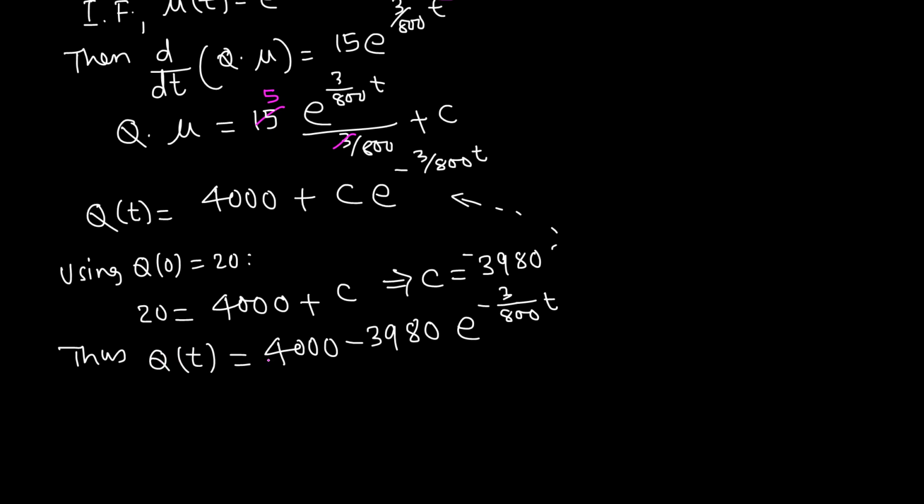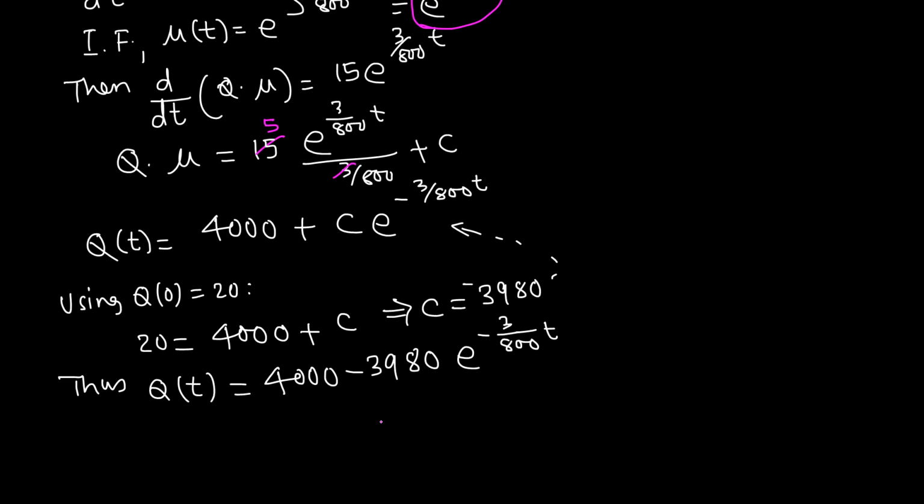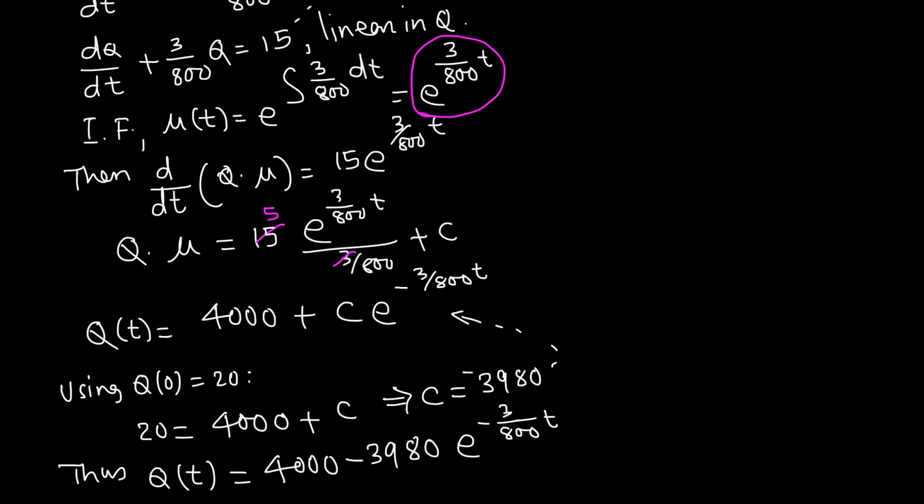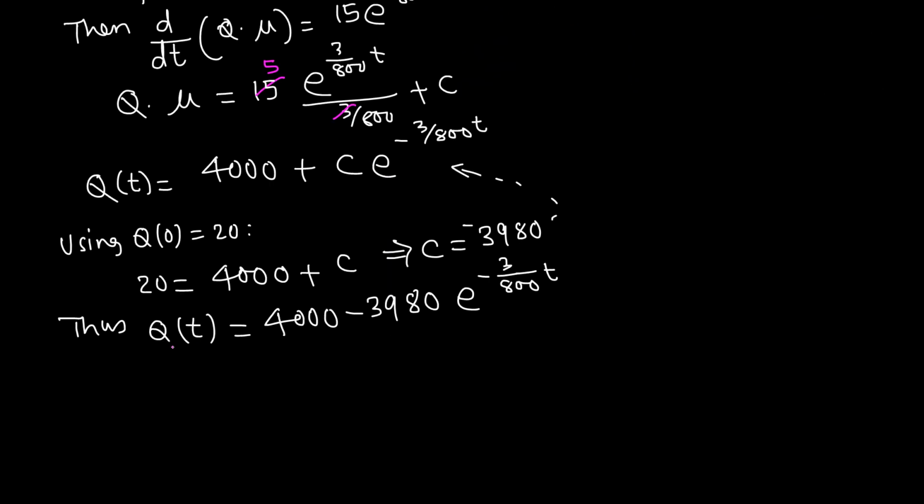This formula is true as long as Q is less than 500 ounces, because when Q becomes 500 then the second process starts. We don't know the time yet, but this holds while Q is less than 500.